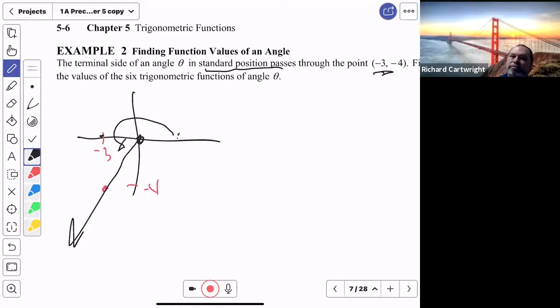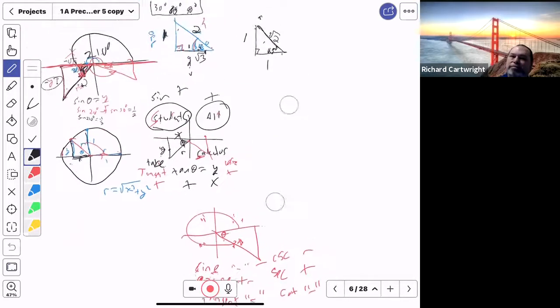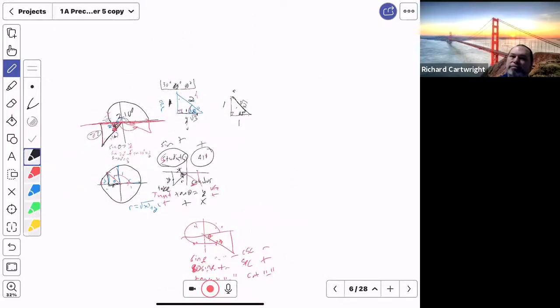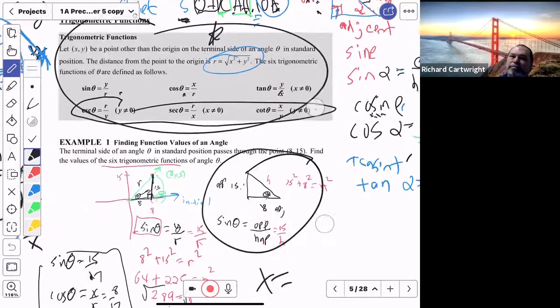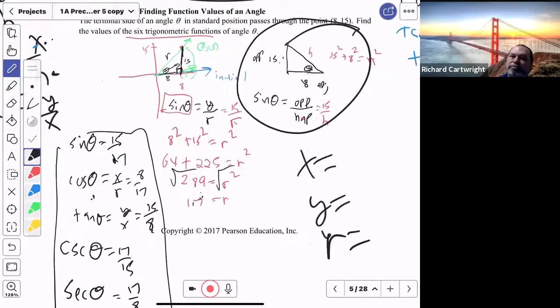Now, I know that All Students Take Calculus. The only trig function that's positive here is tangent. So when I do my work, I can double check my positives and negatives. The other problem wasn't a big deal because I was in quadrant 1.